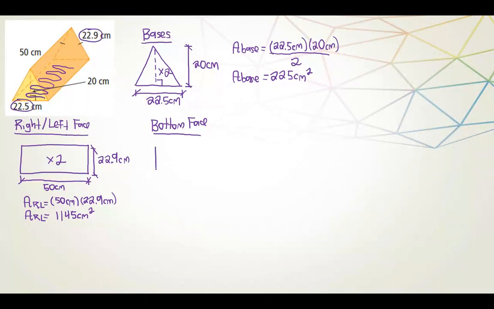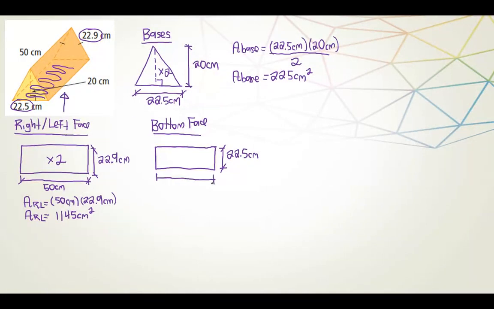So it would be a rectangle with the same length, but its width is going to be a little bit shorter. So this width would be 22.5 centimeters. This is the perspective if I looked at it from underneath.